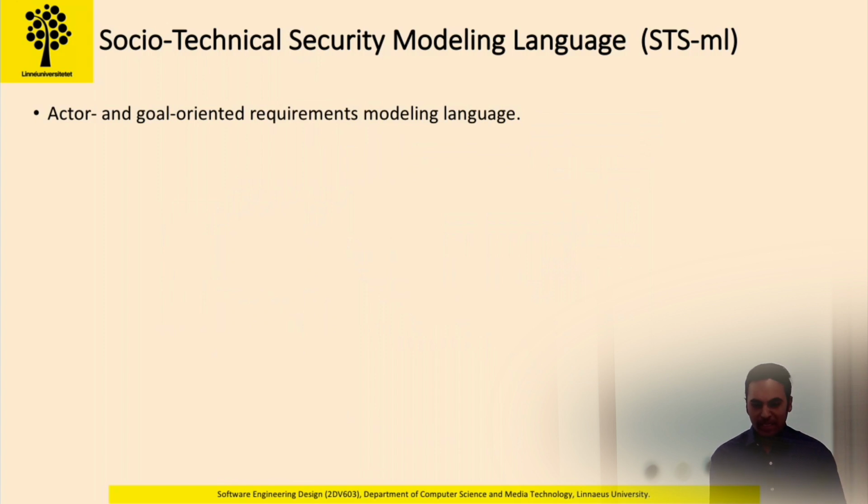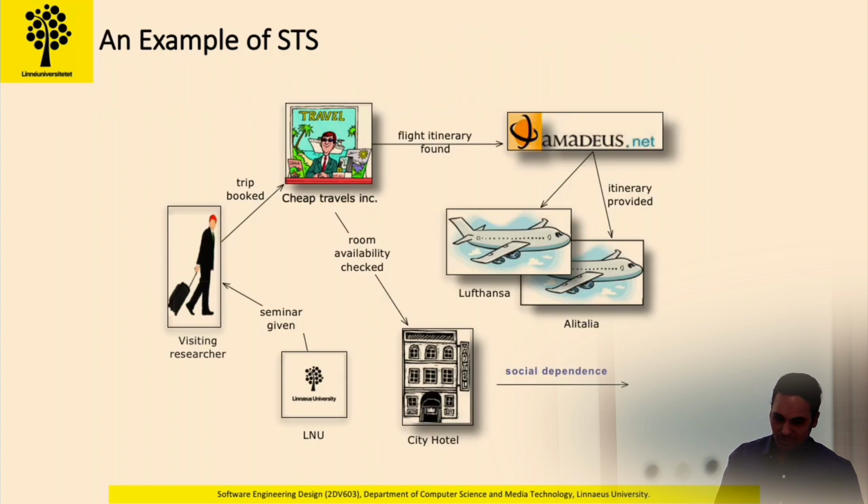So in plain terms, the socio-technical security modeling language, STS-ml in short, is an actor- and goal-oriented requirements language. In the previous figure, all of these individual parts are actors. A visiting researcher is an actor, a travel agency is an actor, a city hotel is an actor, as well as the website that is providing the flight booking.